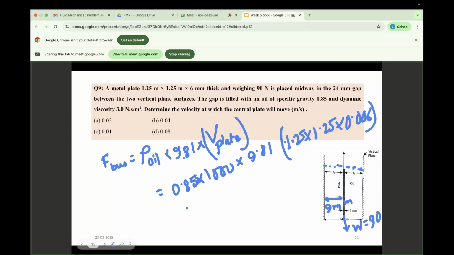So you will get an answer of 781.17 Newton, right? This is the buoyancy and this is the weight force.